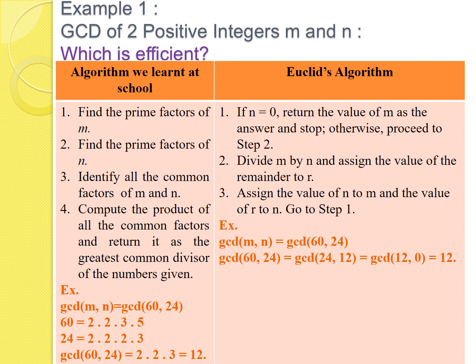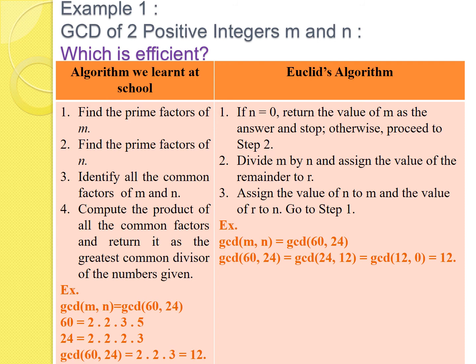Otherwise, proceed to step 2. In step 2, divide m by n and assign the value of the remainder to r. Assign the value of n to m and the value of r to n and proceed with step 1.